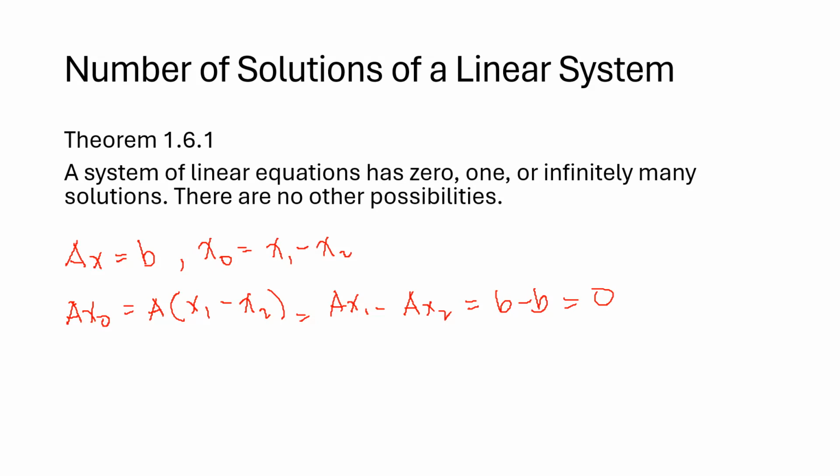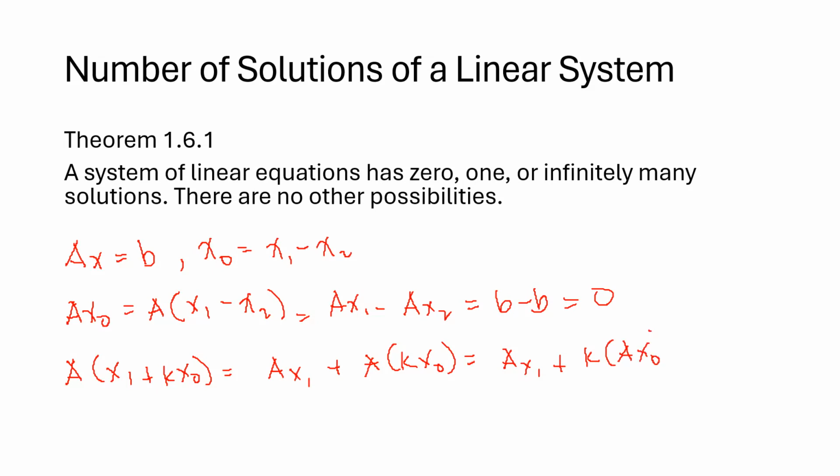If we now let k be any scalar, then A times x sub 1 plus k x sub 0 is equal to A x sub 1 plus A times k x sub 0, which is equal to A x sub 1 plus k times A x sub 0, which is equal to b plus k times 0, which is equal to b plus 0, which is equal to b.